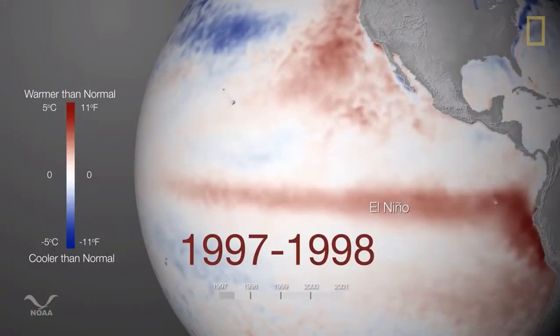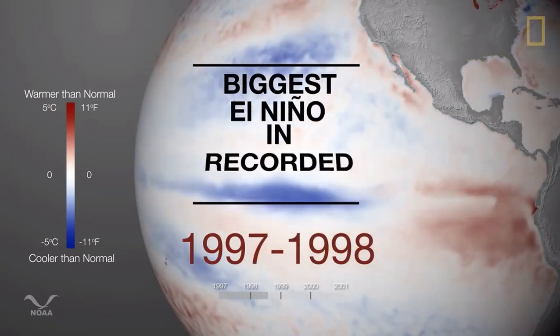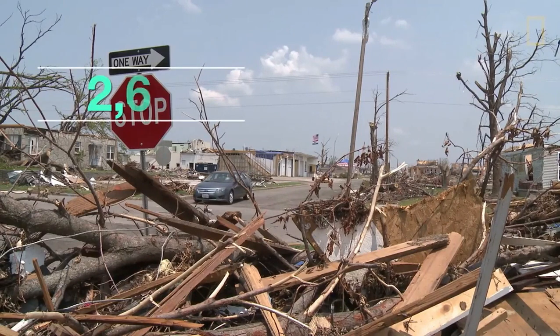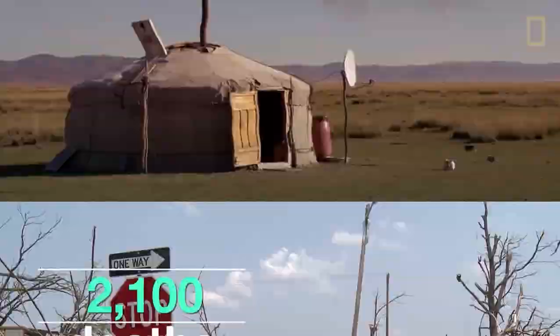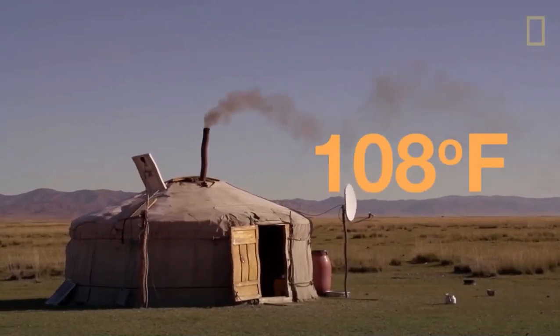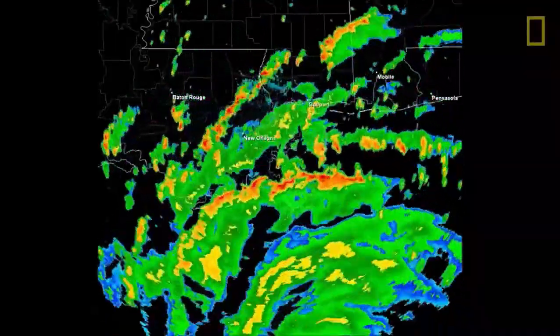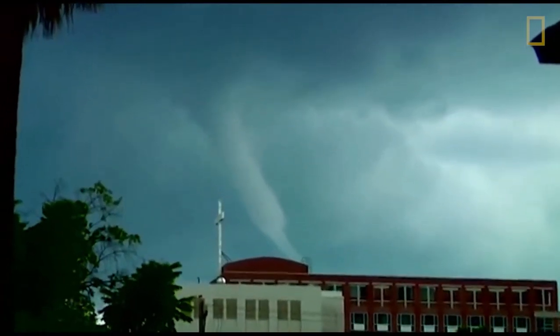In 1997 and 1998, the world experienced the biggest El Niño in recorded history. Some estimates blame that El Niño for 2,100 deaths and $33 billion in damages. Mongolia saw temperatures reach 108 degrees Fahrenheit, there was record flooding in Peru, and the U.S. saw storms in the Gulf Coast, flash flooding from California to Mississippi, and tornadoes in Florida.